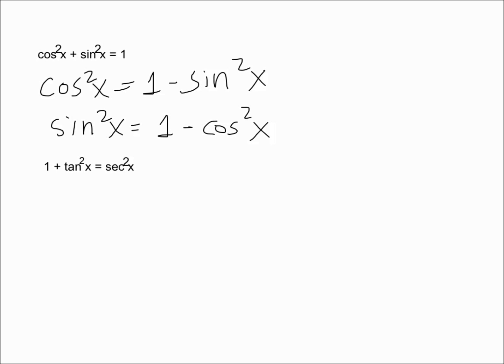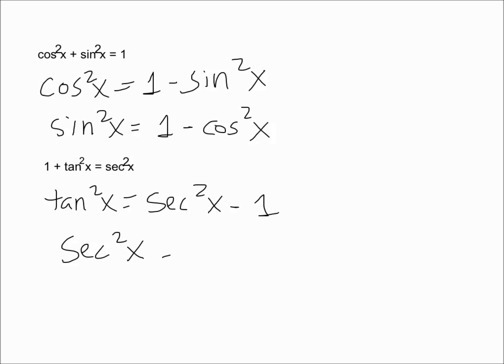And then for the other identity, tan squared of x can be secant squared of x minus 1, and secant squared of x is basically 1 plus tan squared of x.